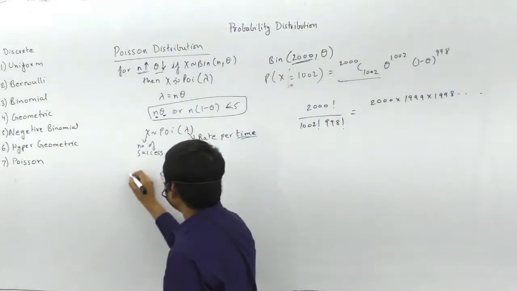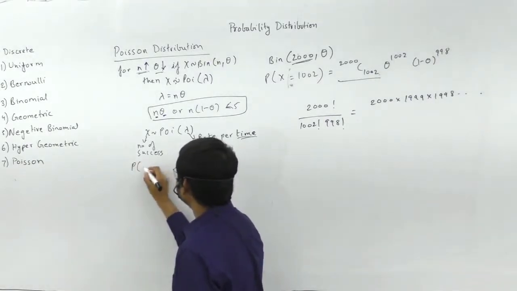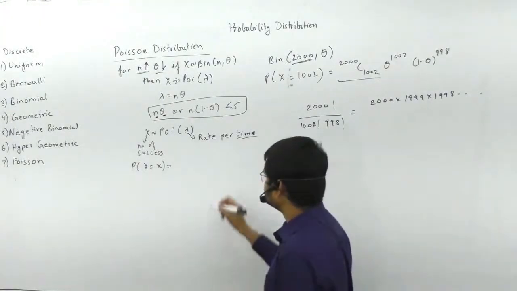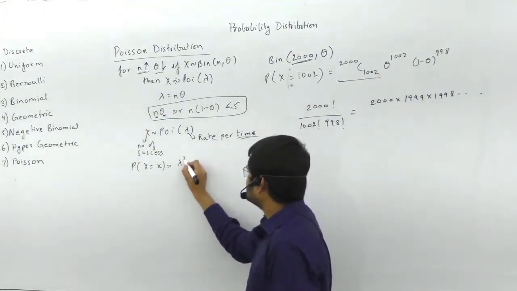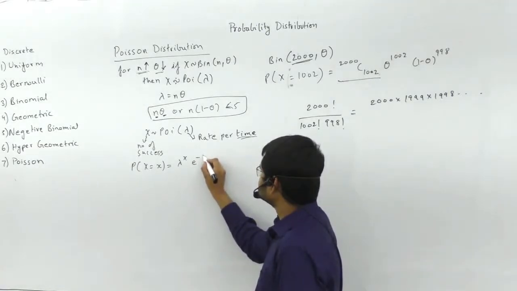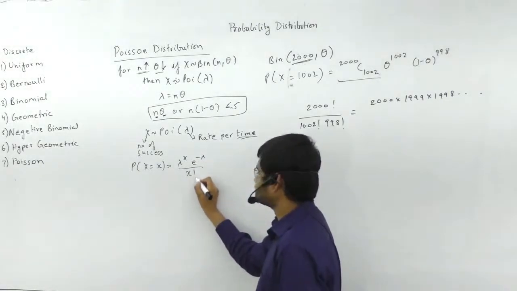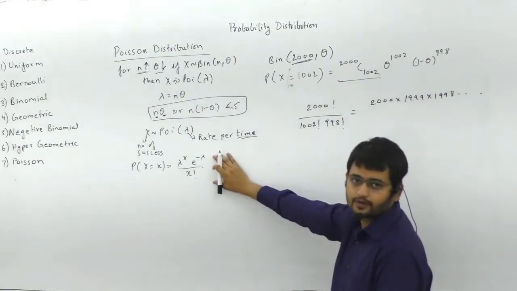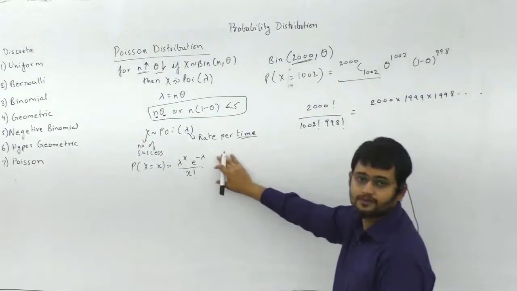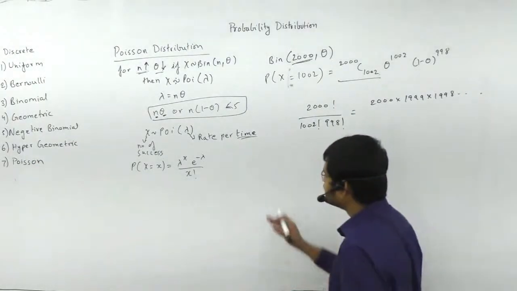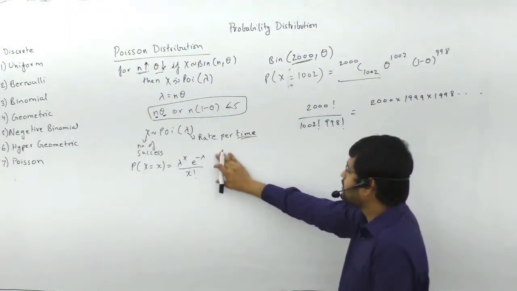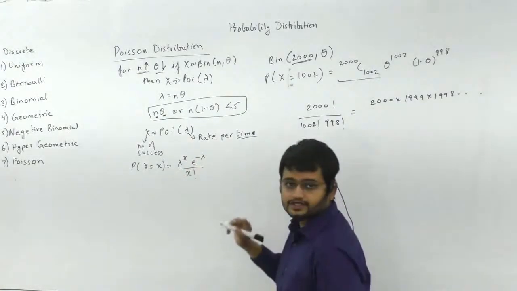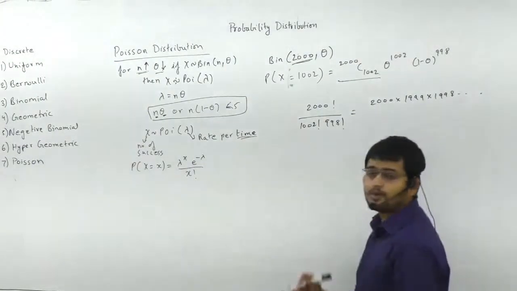Now, PDF or probability distribution function of Poisson distribution is nothing but lambda raised to x e raised to minus lambda by x factorial. Now, to find this particular probability distribution, we require the knowledge of limits that is not in our course. So, we are not going to deal into how did we get this particular distribution. So, it is lambda raised to x e raised to minus lambda upon x factorial.